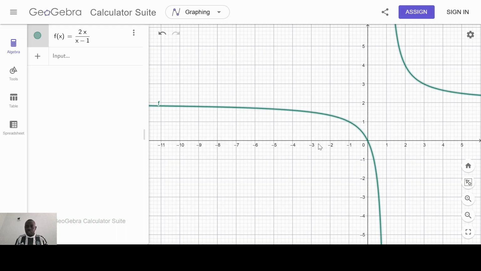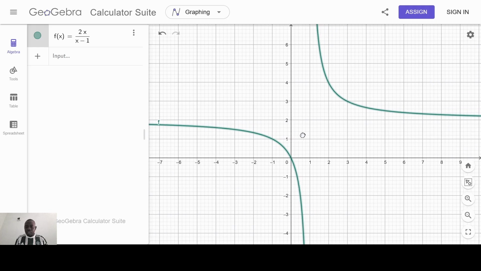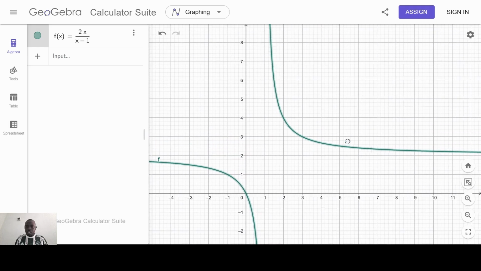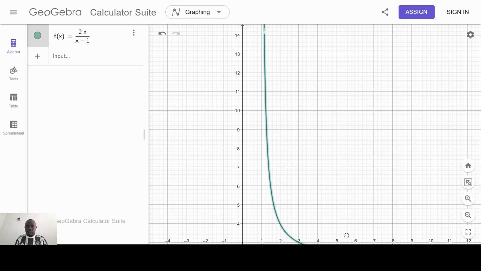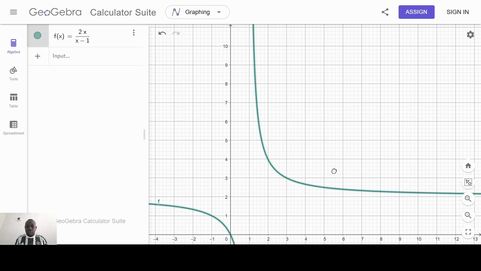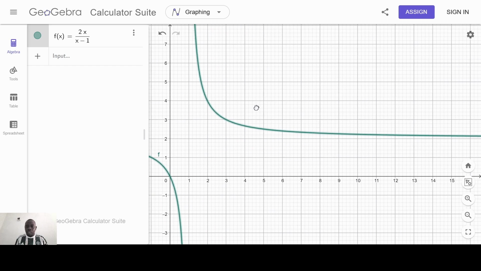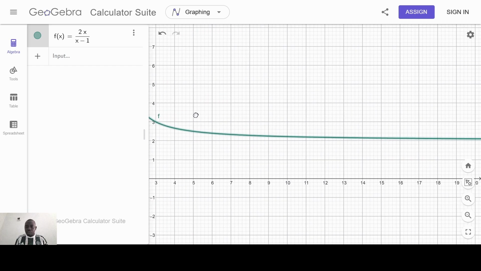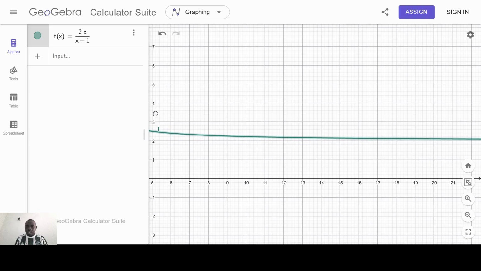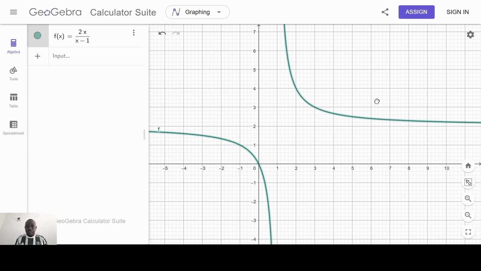Rational functions always have so many branches that are determined or influenced by the asymptotes. You see there's another branch here. This is not touching y equal to 2. That is the horizontal asymptote, which you saw how we got earlier.